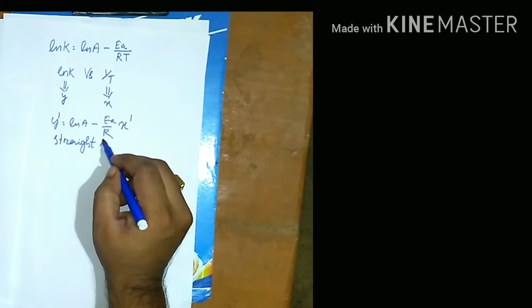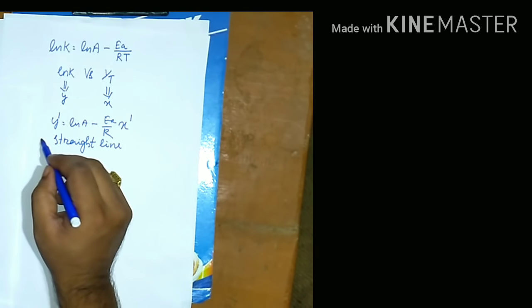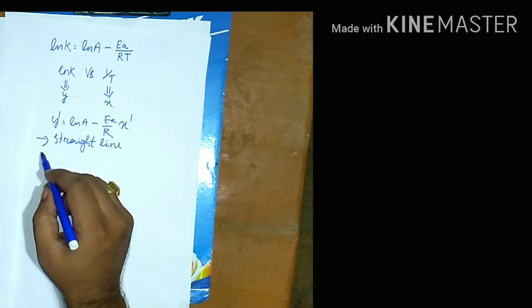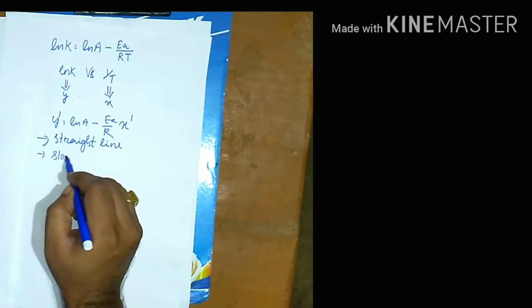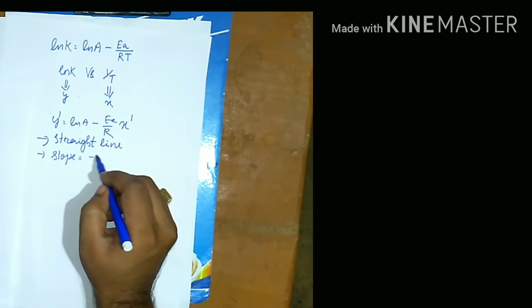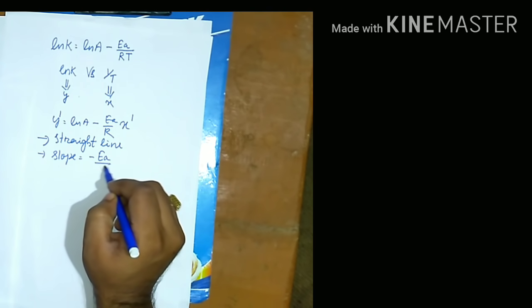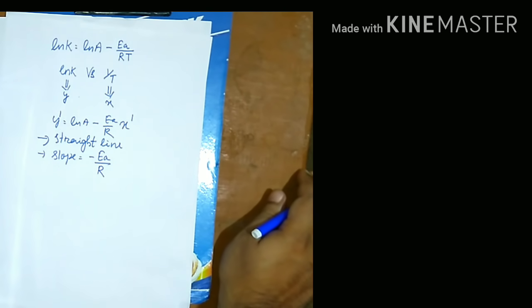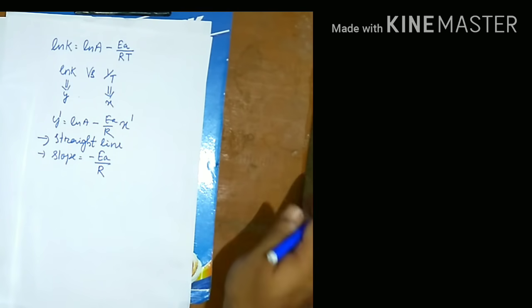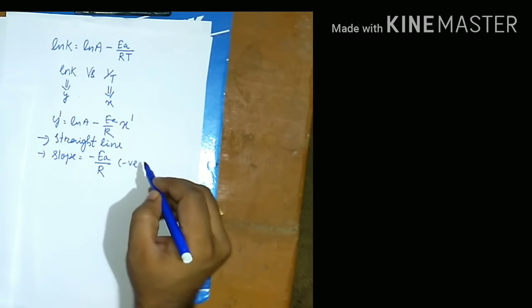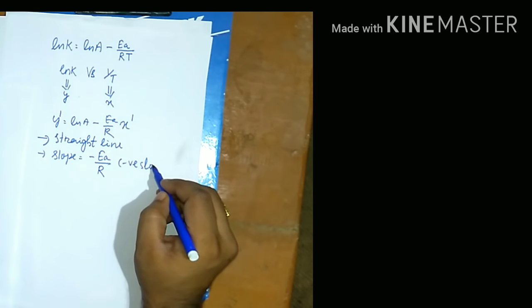I have already told you that the coefficient of the independent variable, x, is called slope. So the slope is minus EA by R, and since it is minus, you read it as a negative slope.